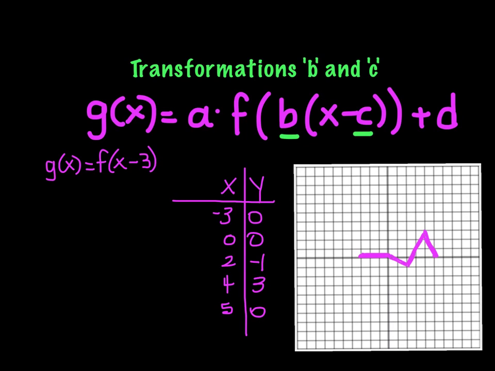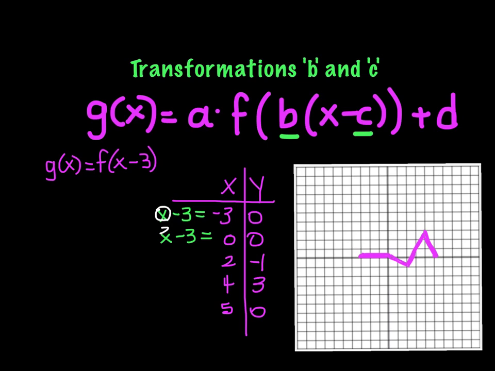So how does this C transformation affect my graph? Well, in essence, mathematically, what we're trying to do is figure out what X minus 3 will give me negative 3. So I know this is going to be 0. What X minus 3 is going to give me 0?